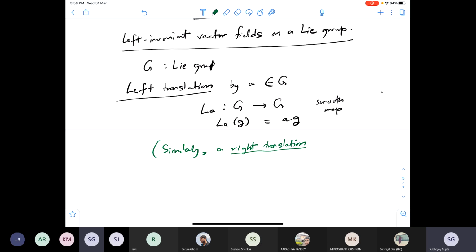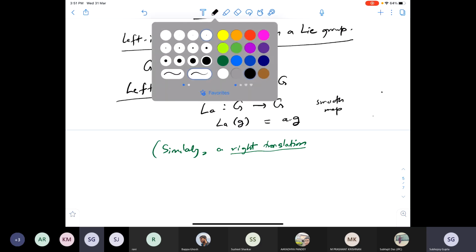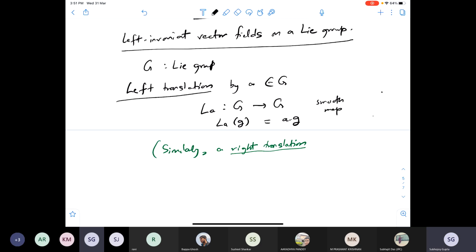So if you think of Rn and do a left multiplication by this fixed element A, which is a fixed vector in Rn, it's like translating by that fixed vector. Every point shifts by some constant amount. Of course, Rn is an abelian group, so left and right translations are basically the same.